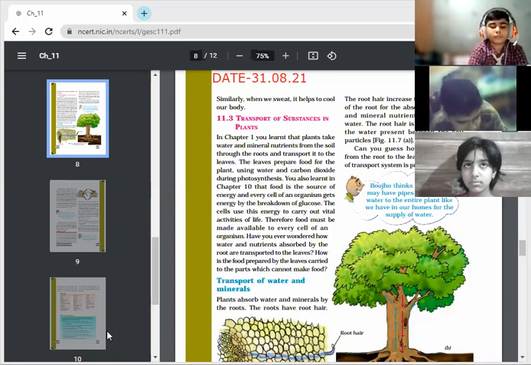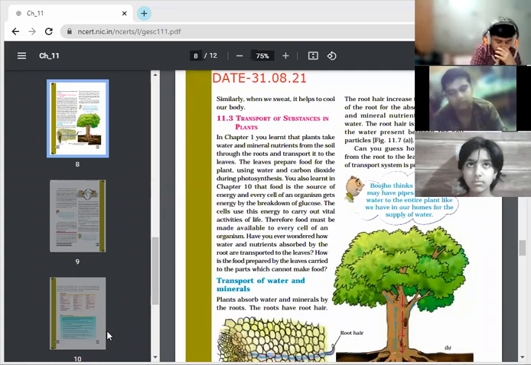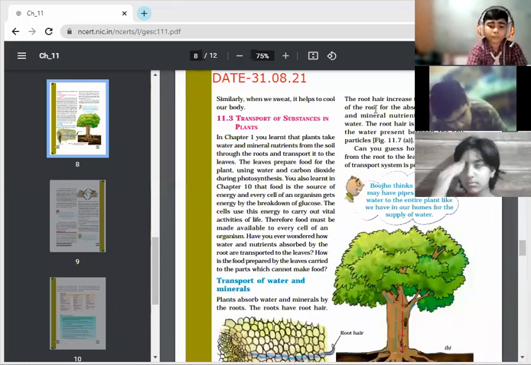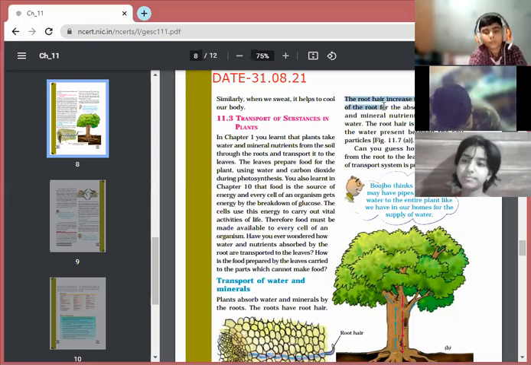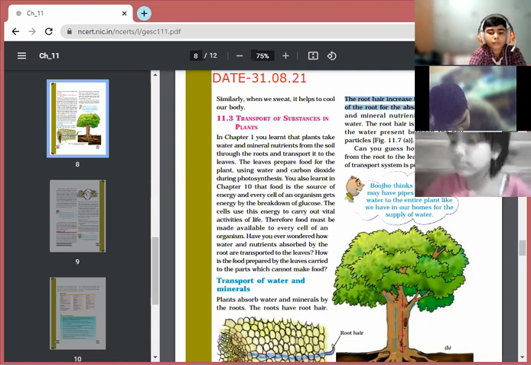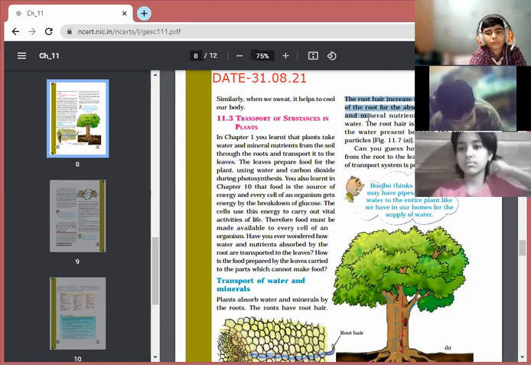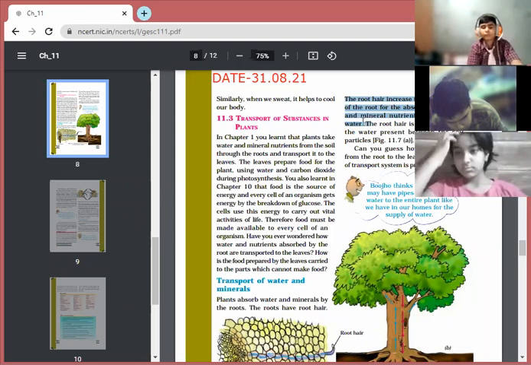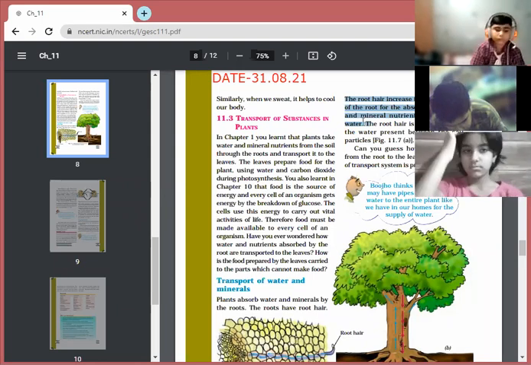Each one of you knows that roots help plants to take water and minerals from the soil. Now children, one thing we are going to study here is that plants have root hairs. Plants have very small root hairs. And what is the function of the root hairs? They increase the surface area of the root for the absorption of water and minerals which are there in the soil. So kindly underline it.